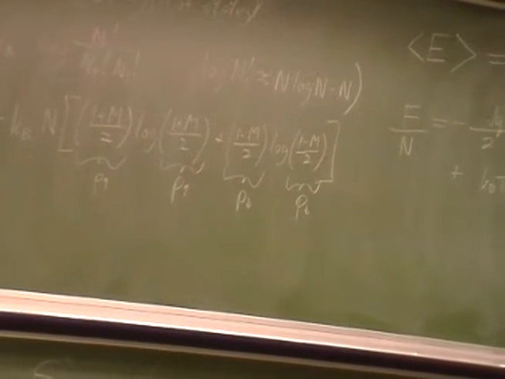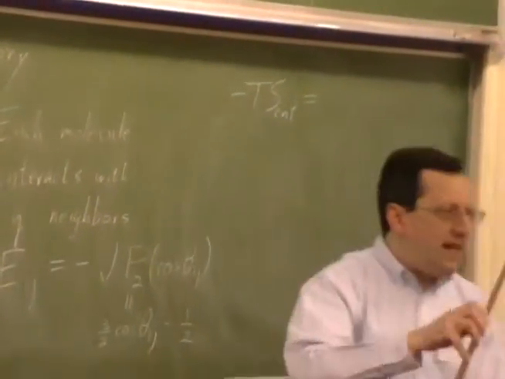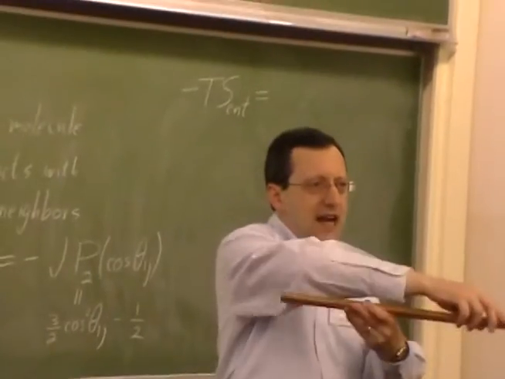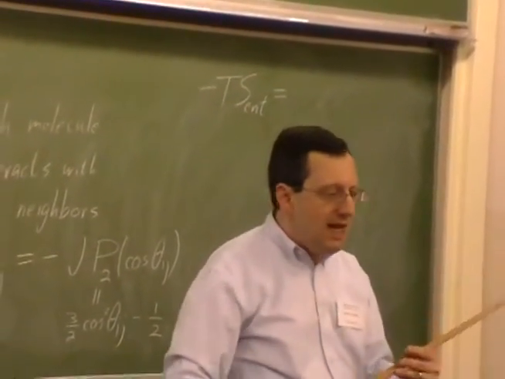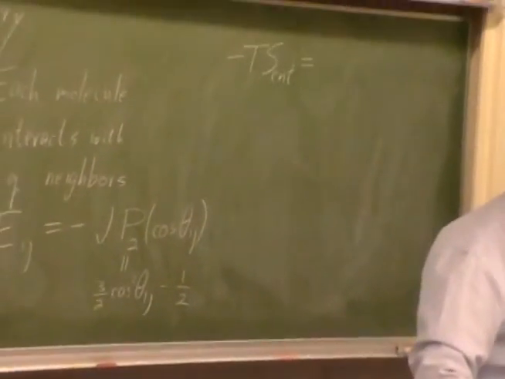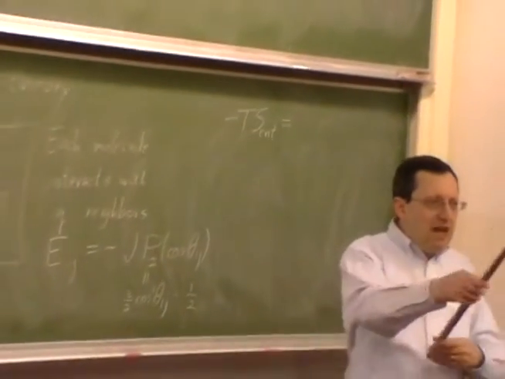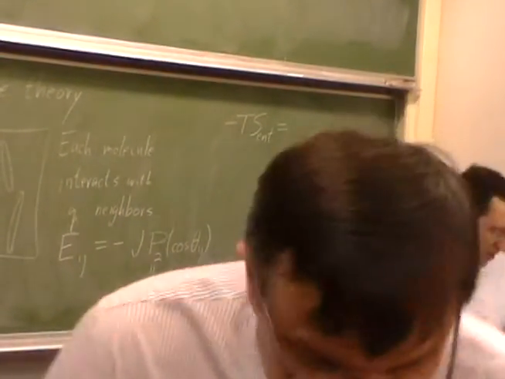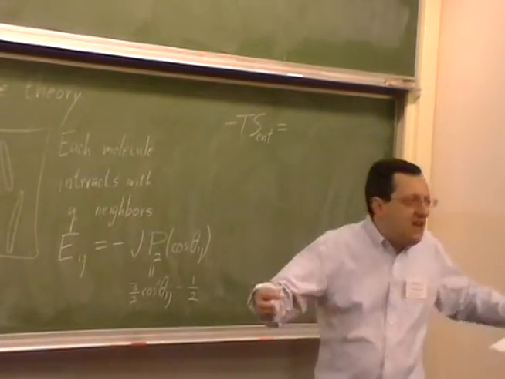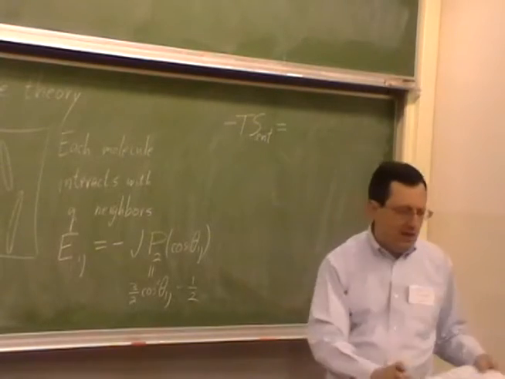For liquid crystal molecules, there's a whole infinite continuum of states. Each molecule could be pointing in any direction in three-dimensional space. So instead of just probabilities for up or down, I need a whole probability distribution function as a function of theta and phi, the coordinates in three-dimensional space.